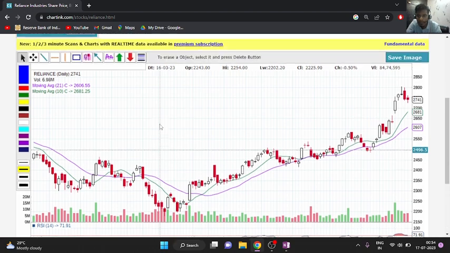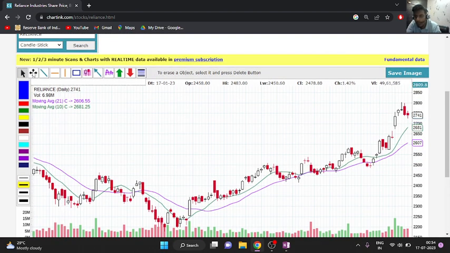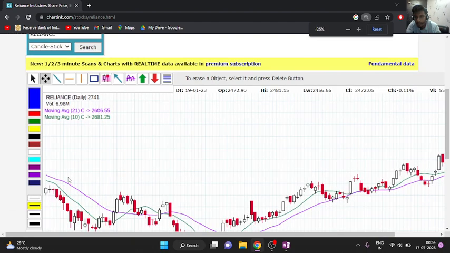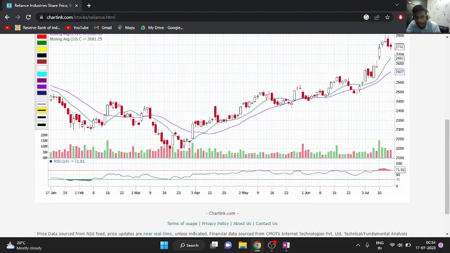Wait a second, let me zoom out. Now if we check here, as the market goes, here it closes, here it opens, here it closes. This is a downward trend, if you see, right?